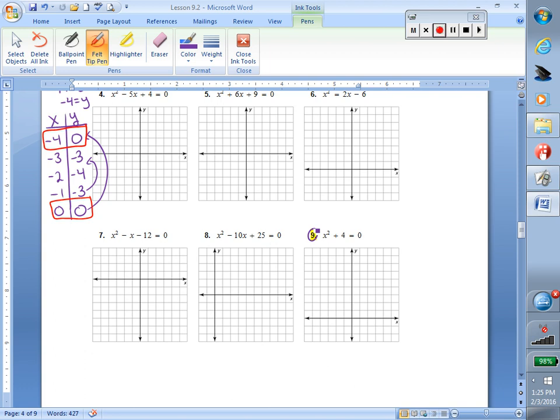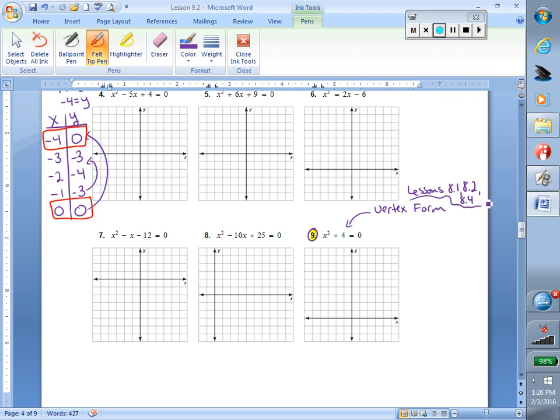So when this happens, when you just have that x value that's being squared, you actually have vertex form. This was lessons 8.1, 8.2, and 8.4.